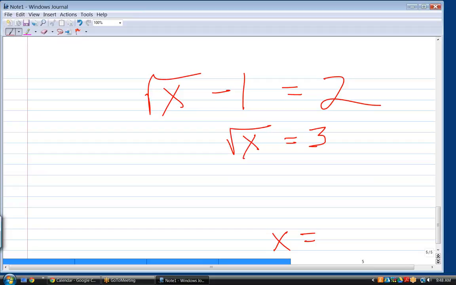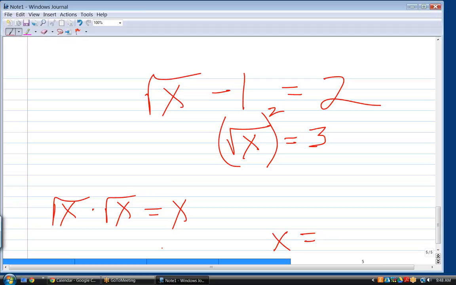Square it. In other words, remember that solving equations is always about doing the opposite of what you're looking at. Right now that x is having the square root taken of it. Well, if I square that, it turns into just x. If you take the square root of x times the square root of x, you get x.